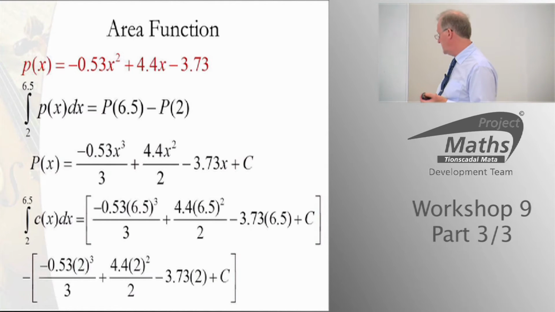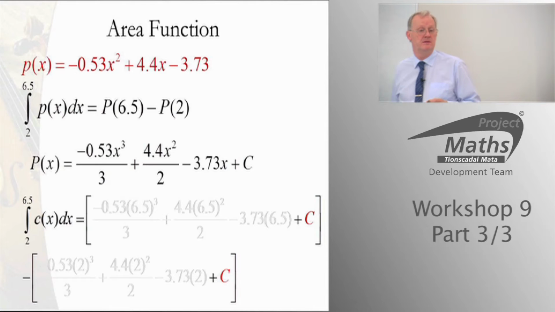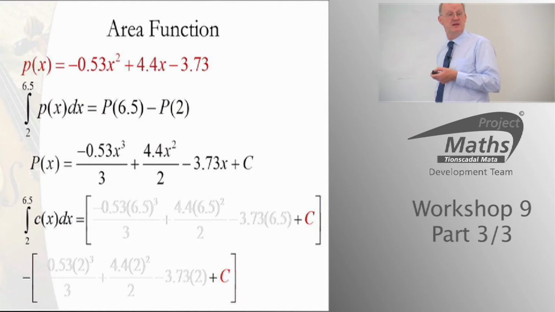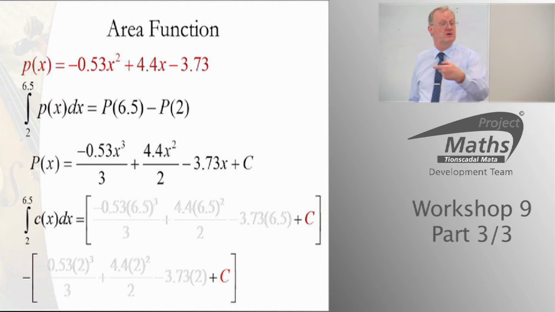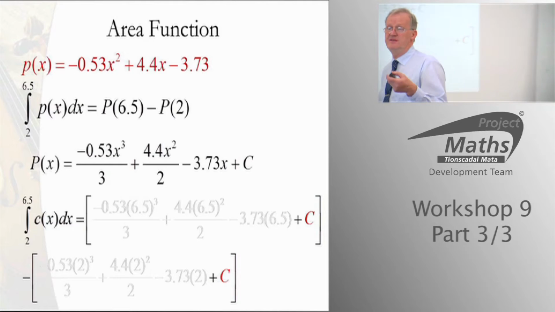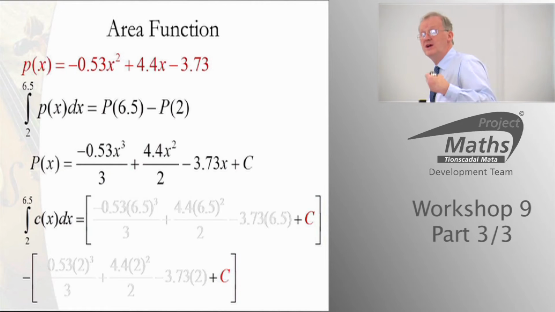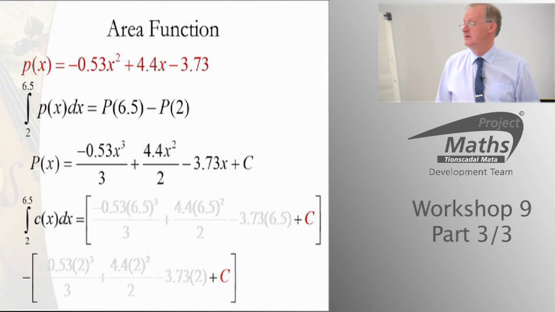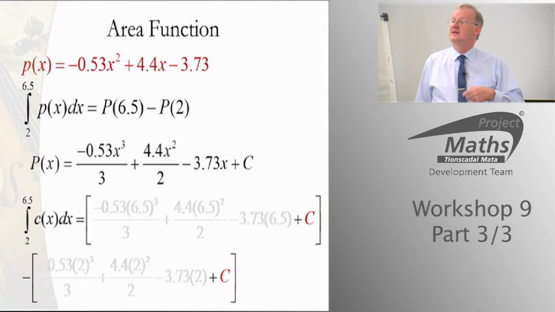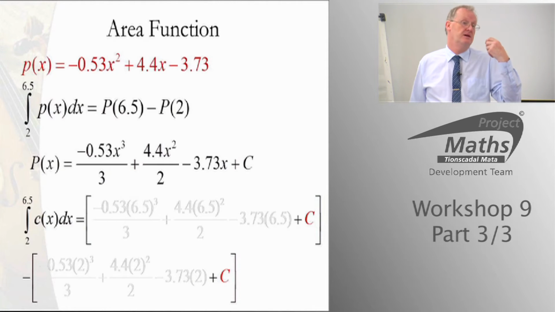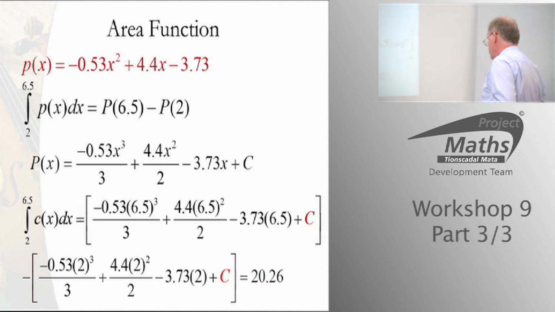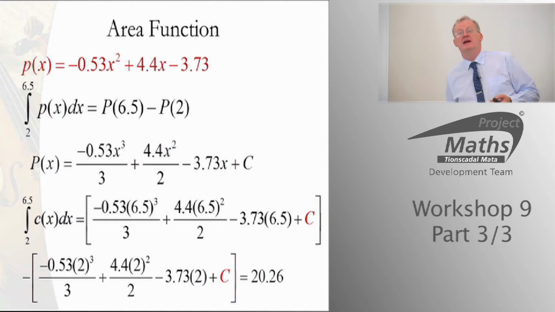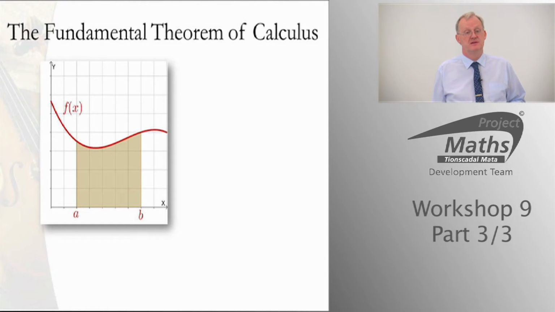and oh golly gosh lads, we have C there, but it's there twice. And that's the way it's always going to be. So actually, if they're always going to cancel, when we're calculating area, because they would always cancel, then we can dispense with the C altogether. And that's what's known as the fundamental theorem of calculus.